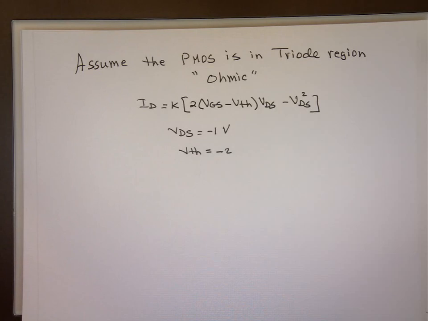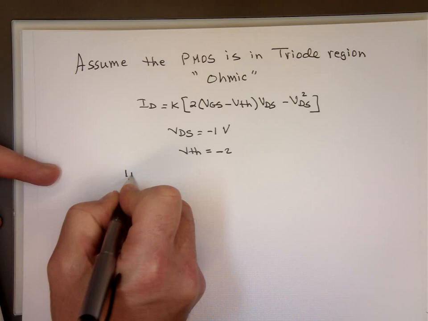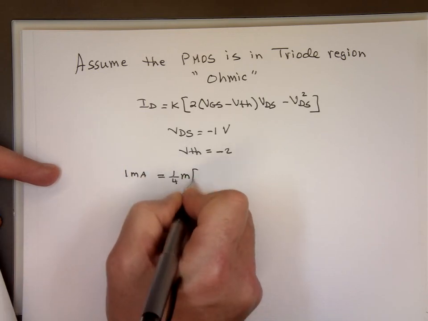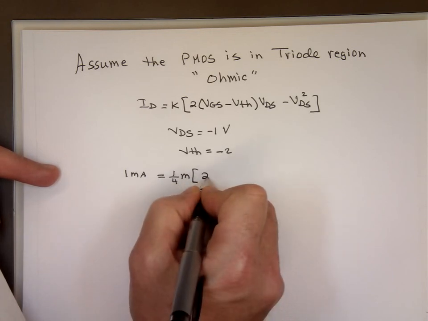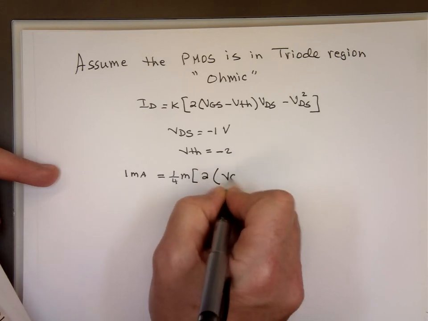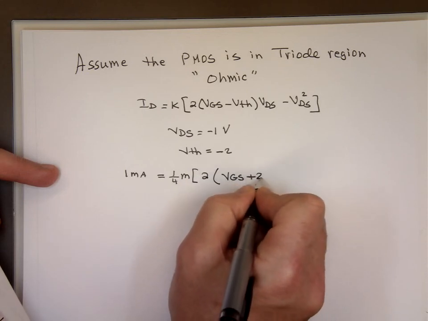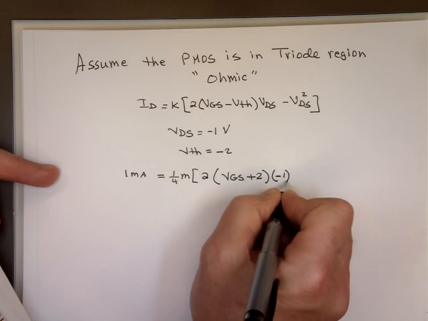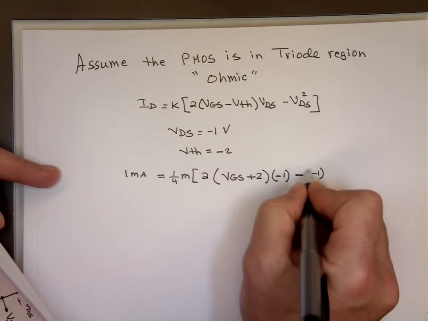I sub D, which is 1 milliamp, equals K, which is a quarter milli, times 2 times VGS minus a minus, that's plus 2, times VDS, which is negative 1, minus VDS, which is negative 1, squared.